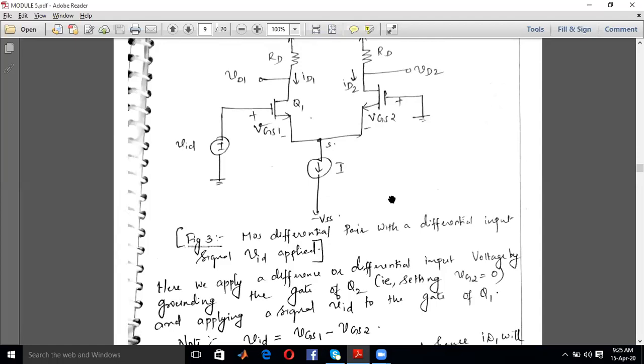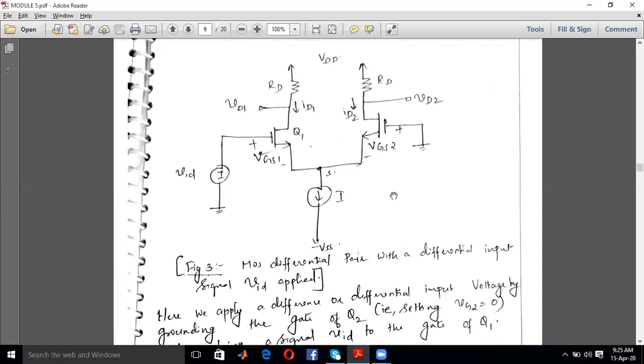If you are giving a differential input to this differential amplifier, then you can no longer say that the current is going to be split equally, because there is a difference in the input. Only if there is the same input, and that input is within the common mode range, can you say that the current is splitting equally among the two transistors of a differential amplifier.